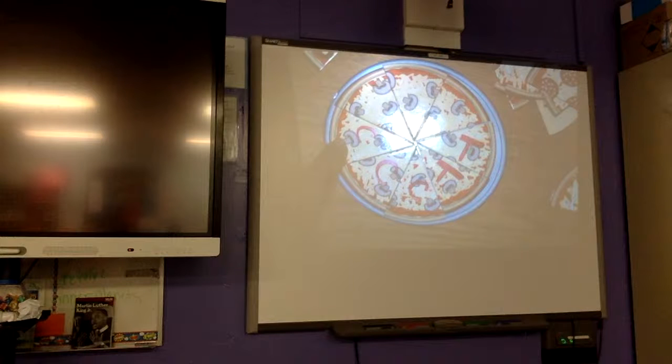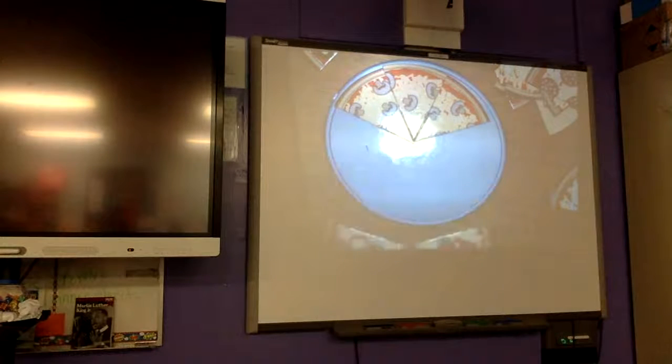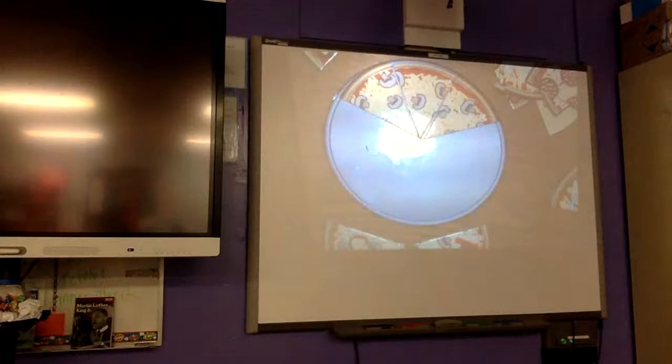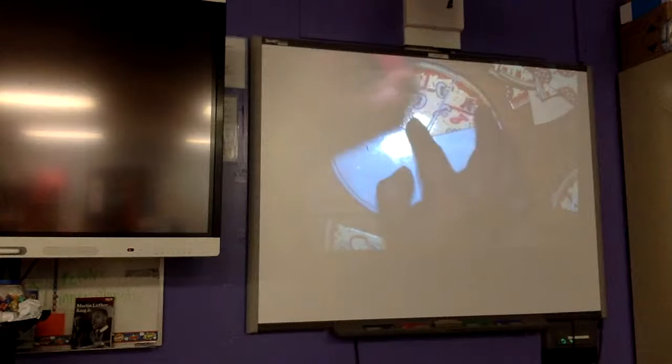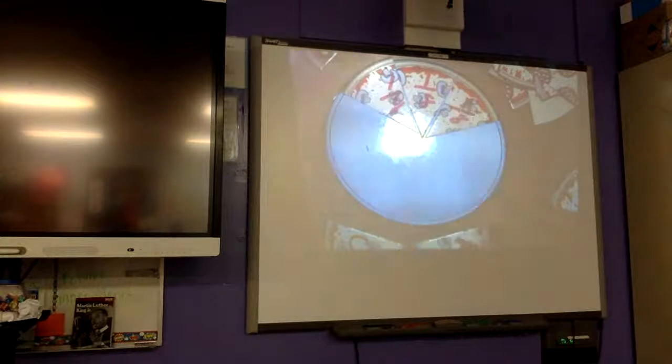So 5 slices is the whole number, but if I said what is the fraction of the pizza, it would be 5 what? 5/8. So if I take the 5/8 off, then I have 1/8, 2/8, 3/8 of the pizza left. This is an 8, that is an 8, and that is 1/8. And how many 1/8s do I have? I have 3 left. So what's left? 3/8.